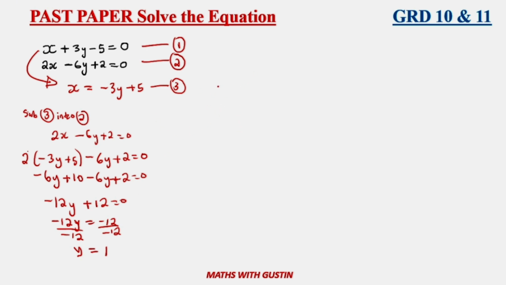Now once you finish that, you need to substitute y into equation number 3 so that you can find x. x is equal to negative 3y plus 5. So what is y? y is equal to 1.